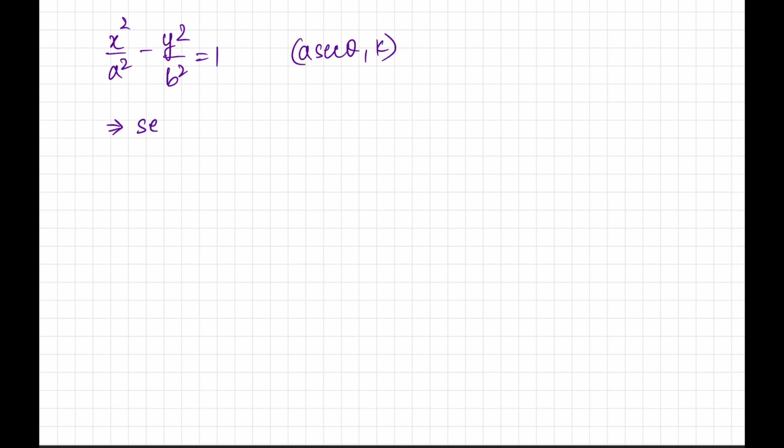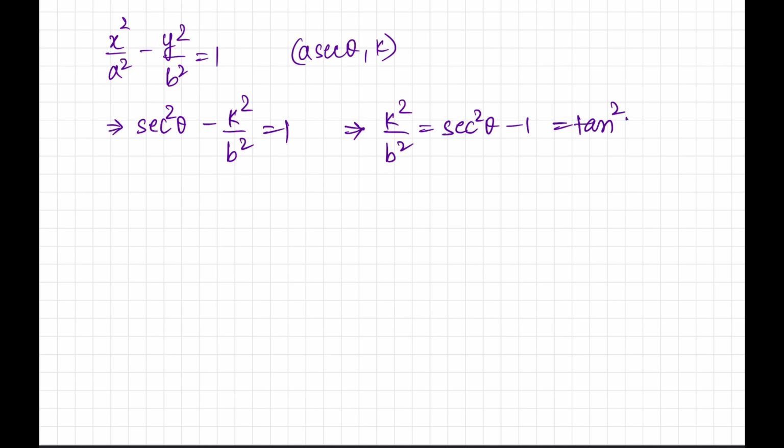We get sec squared theta minus k squared by b squared equals 1, and this gives us k squared by b squared equals sec squared theta minus 1, and that equals tan squared theta. If we take the square root on both sides, we get k equals b tan theta. And therefore, the coordinates of point P come out to be (a sec theta, b tan theta).